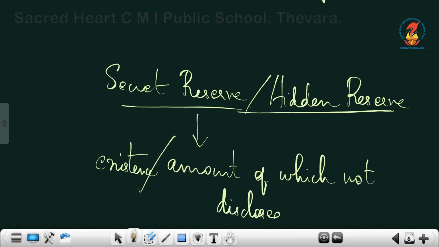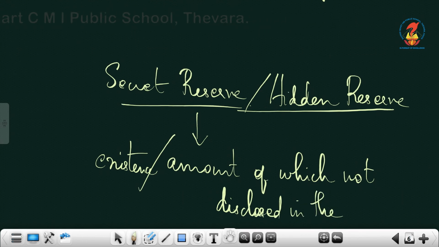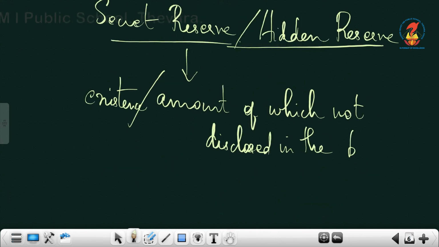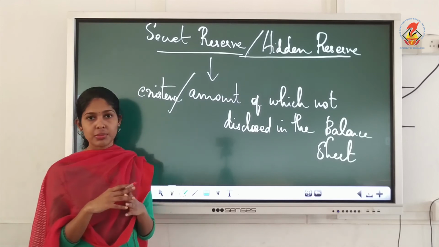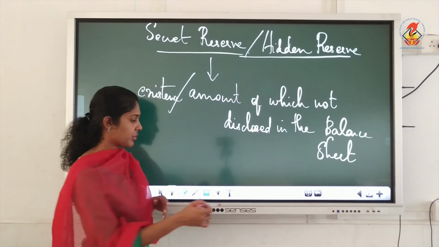Disclosed means it's not recorded or not revealed in the balance sheet. So that is secret reserve: existence or the amount of which is not revealed in the balance sheet, so it is termed a hidden or secret reserve.